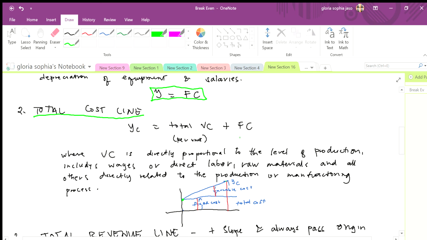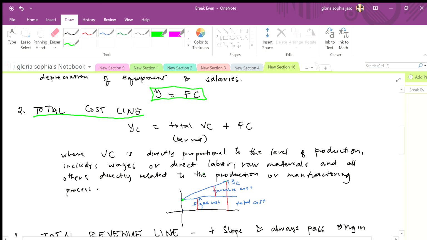So variable cost, what is variable cost? It is directly proportional to the level of production, that is, variable cost increases as quantity of production increases.